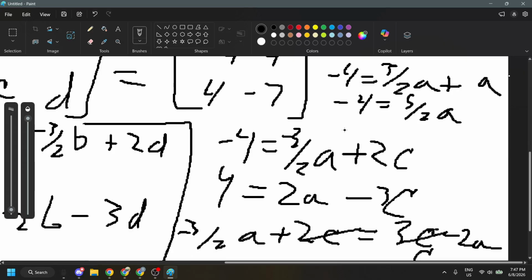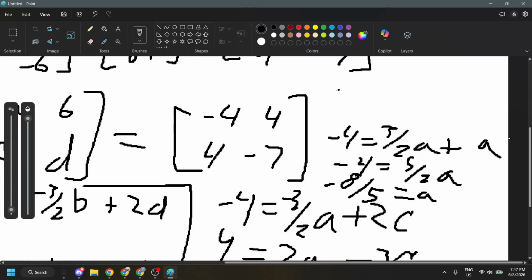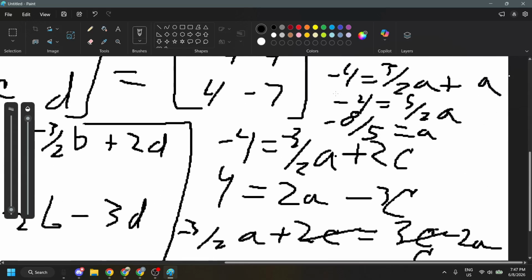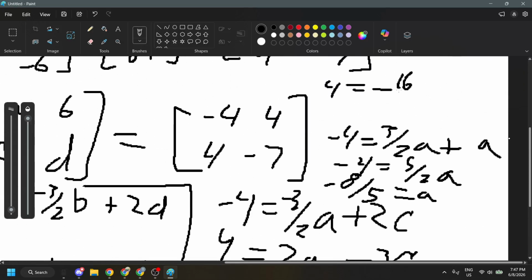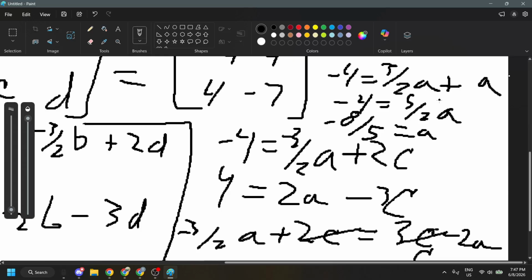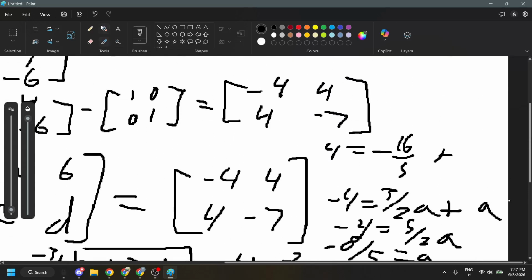Multiply by 2, so negative 8 over 5 is equal to a, which makes c: 4 is equal to negative 16 over 5 minus 3c.